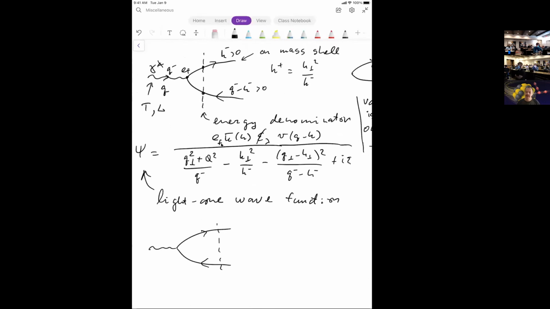They're not being used very much, as far as I know, in equal time. But yeah, in a regular time-ordered perturbation theory, certainly one can have wave functions, or I believe one can.